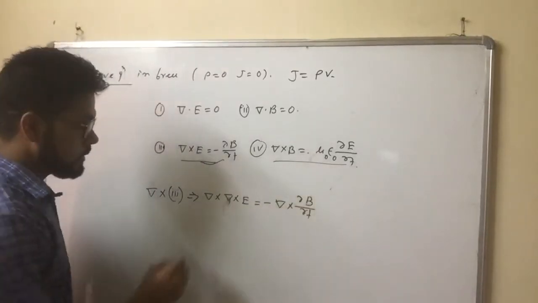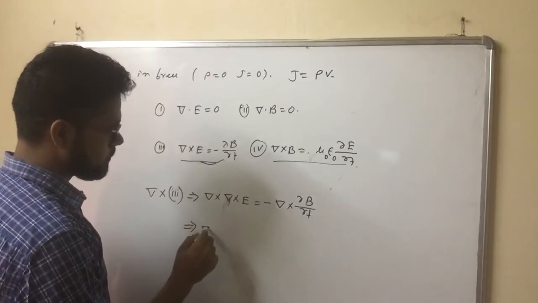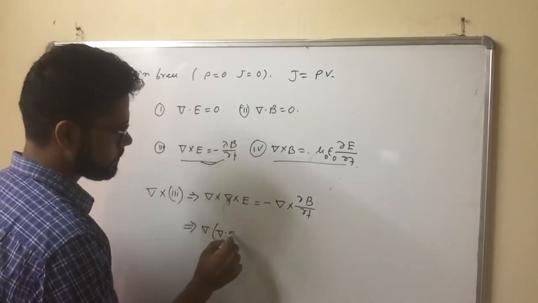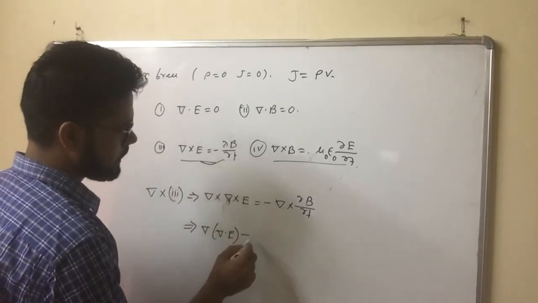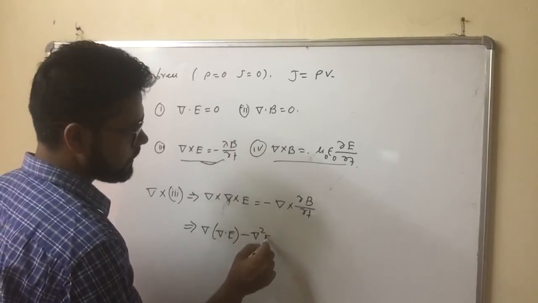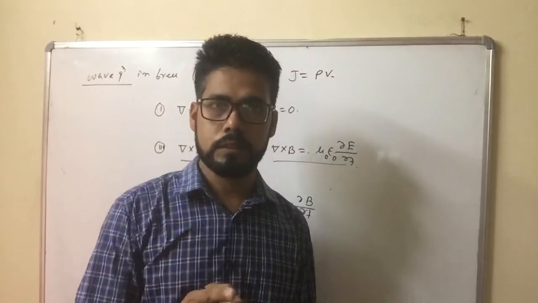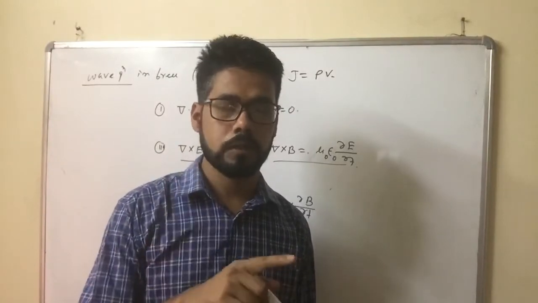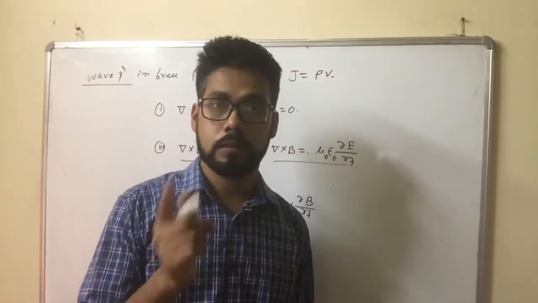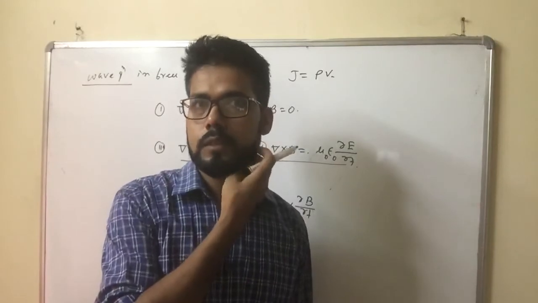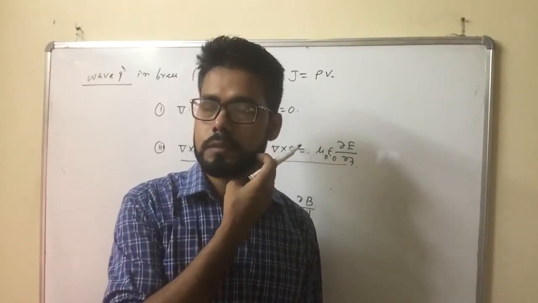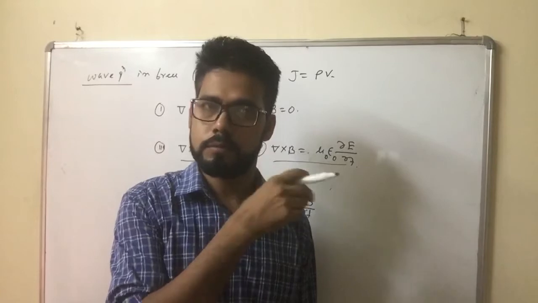Clear? So this equation is handled as per the vector triple product. You can check it in David Griffiths' book, chapter number 1, around page number 25 to 26.